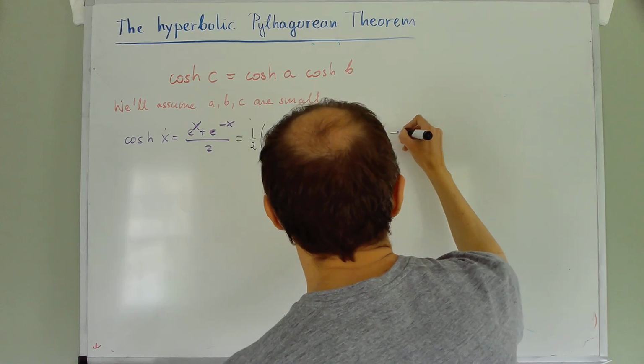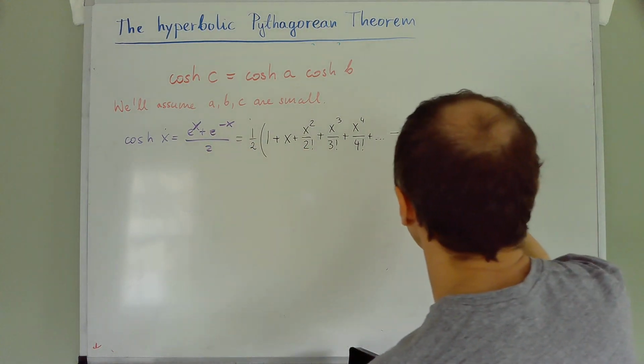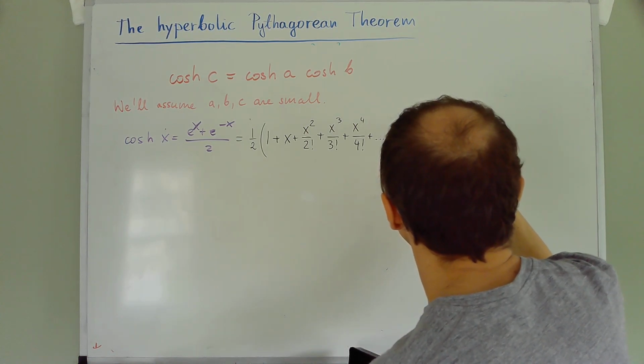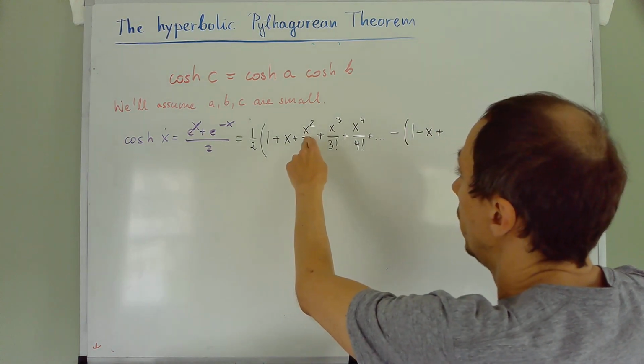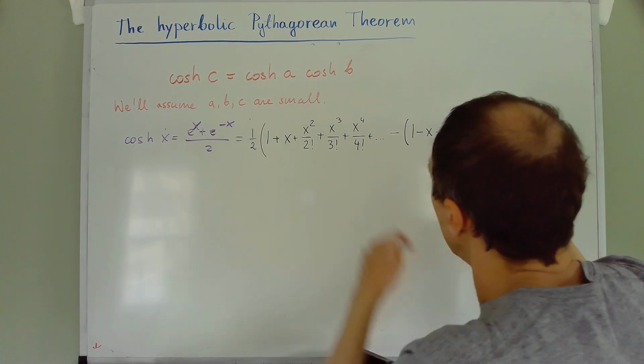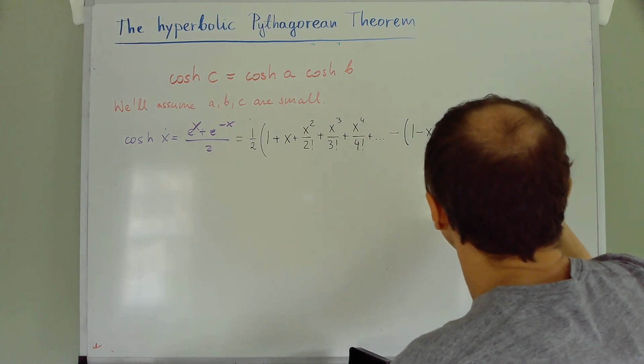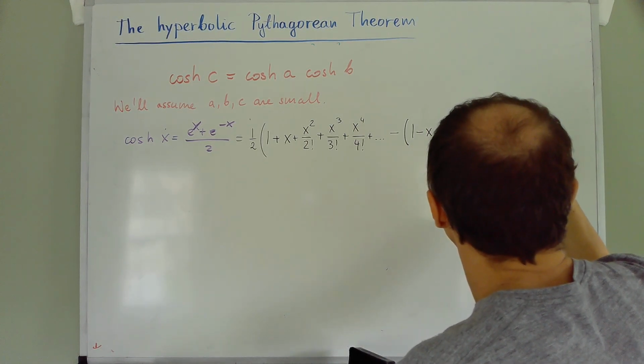Minus the same thing, but when I replace x with negative x. So that's going to be 1 minus x plus, well, minus x squared gives you just x squared, but minus x cubed gives you minus x cubed and so on.